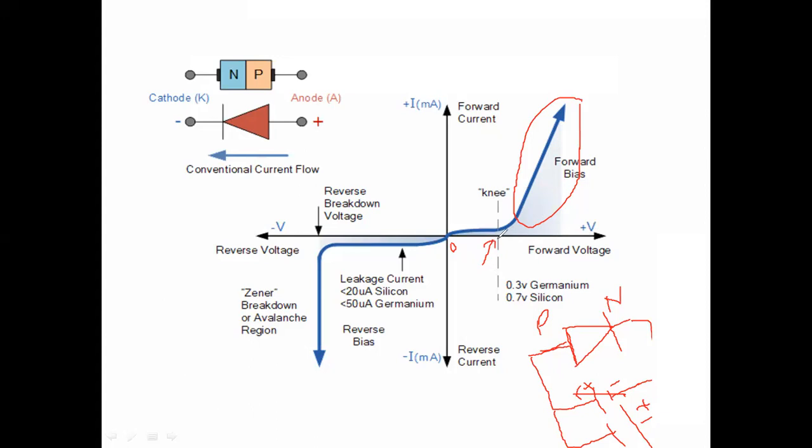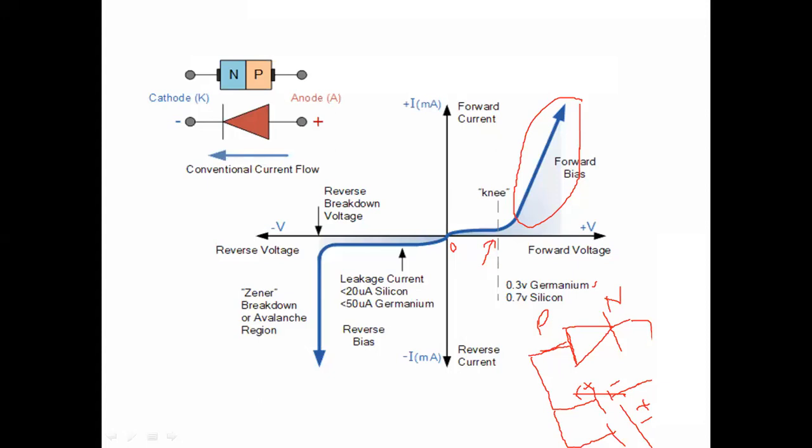That's why this particular point of voltage is called cut-in voltage or knee voltage. That is 0.3 volts for germanium and 0.7 volts for silicon. Like this we can represent the diode when it is connected in forward bias.